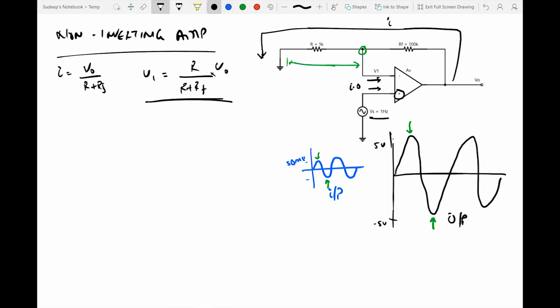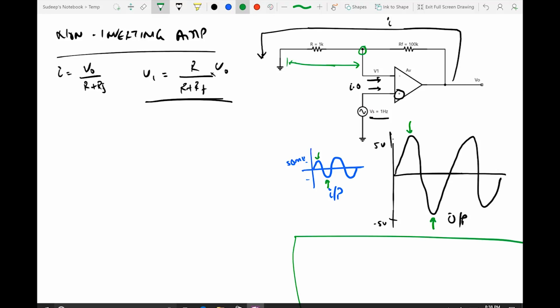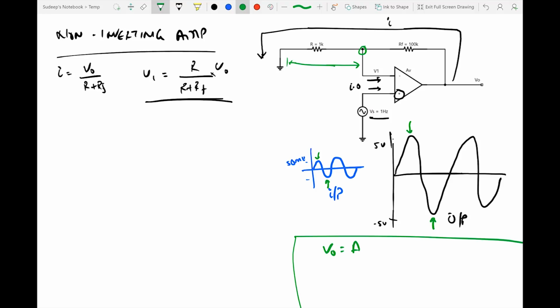Now we said that the voltages at the inverting and the non-inverting terminal would always be the same. We can very quickly prove that mathematically, which I will do in this corner over here. We said that the output voltage V0 would be equal to the amplification AV of the signals Vs minus V1, right?